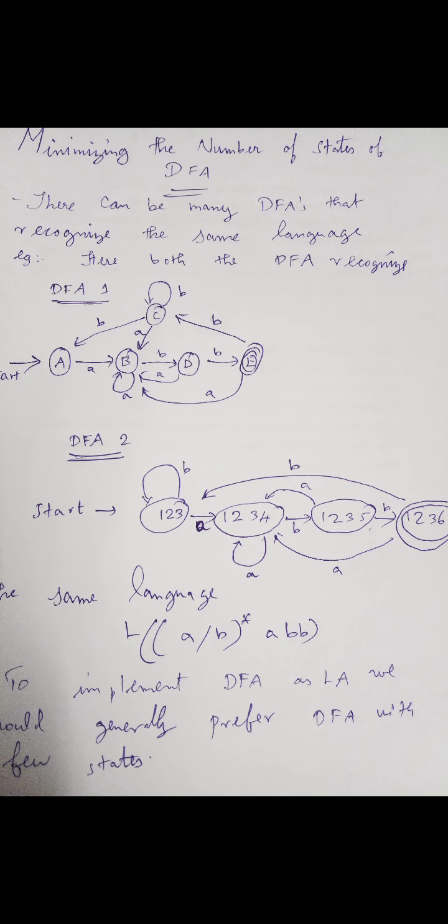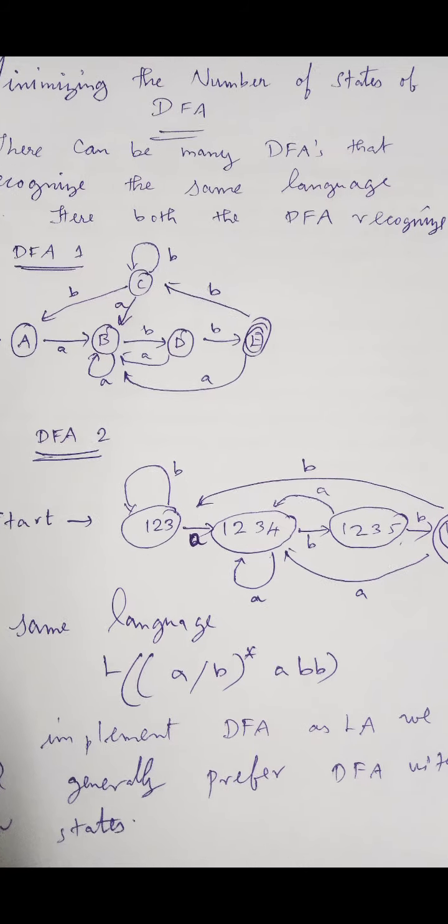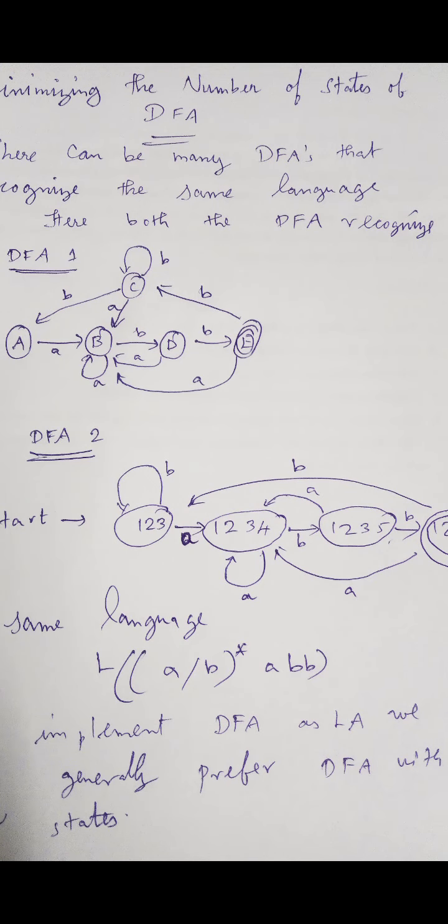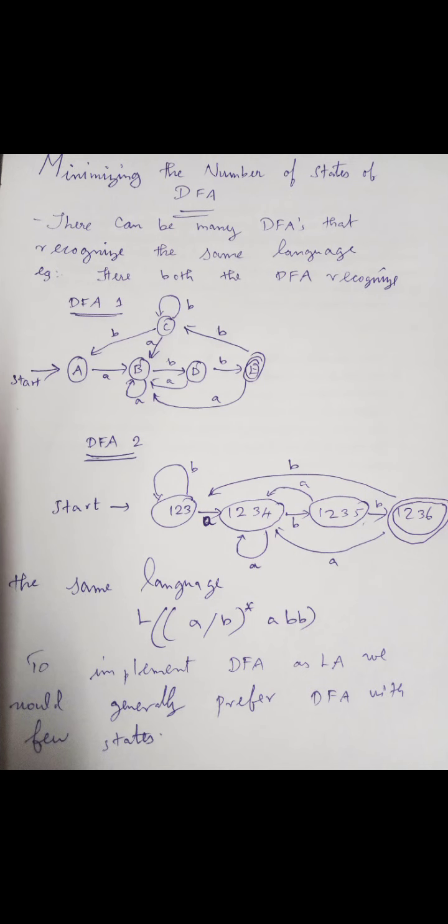So both DFAs perform the same work and produce the same output, differing only in state names and numbers. In the first DFA, the total number of states is 5: A, B, C, D and E. In DFA2, the total number of states is 4.